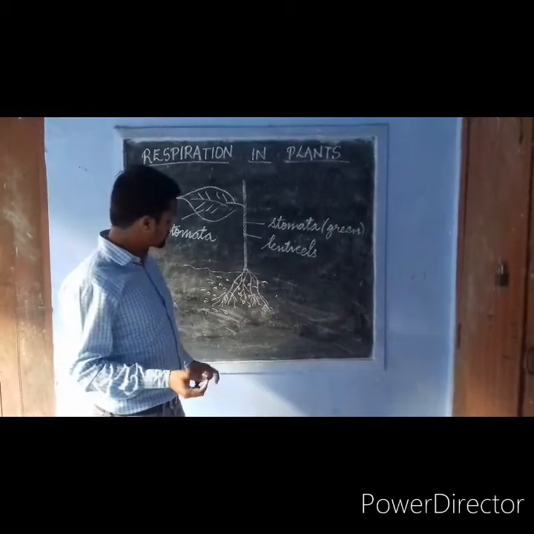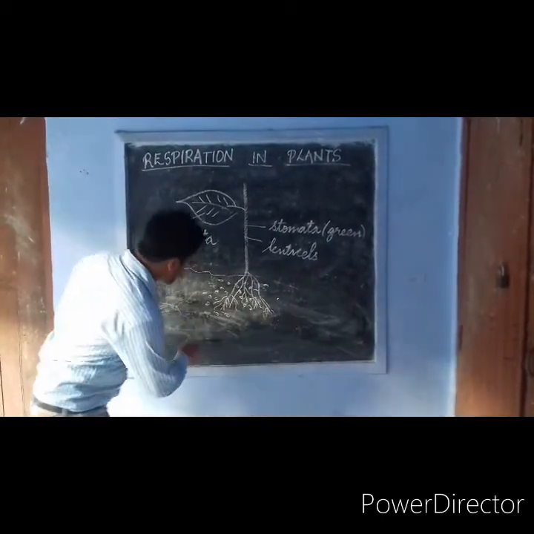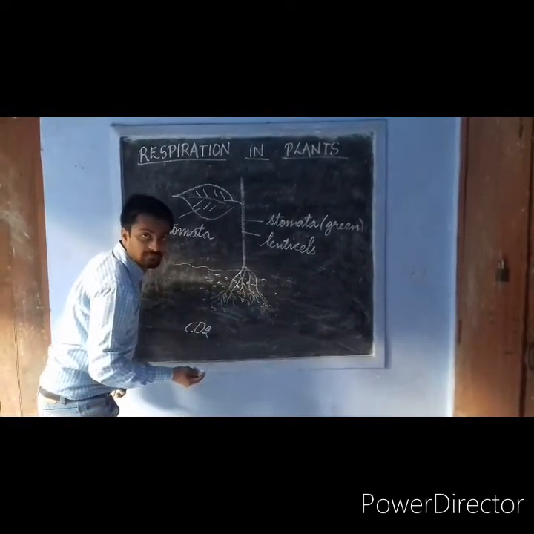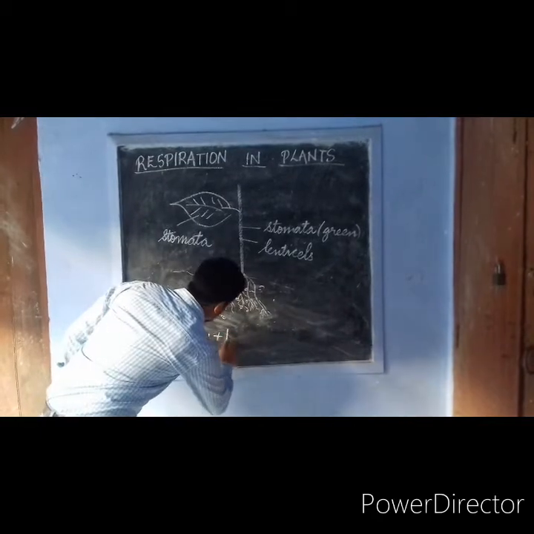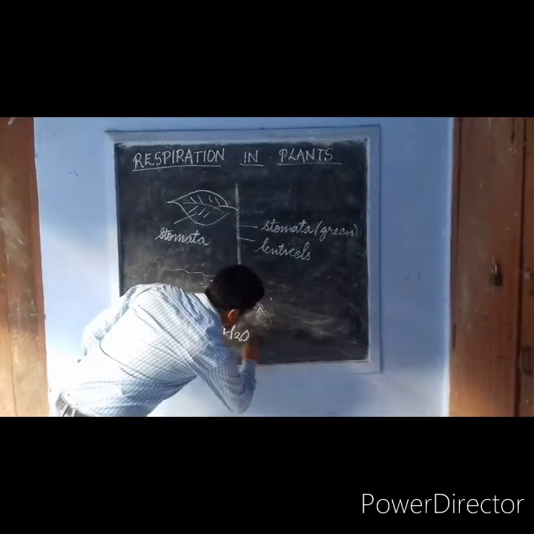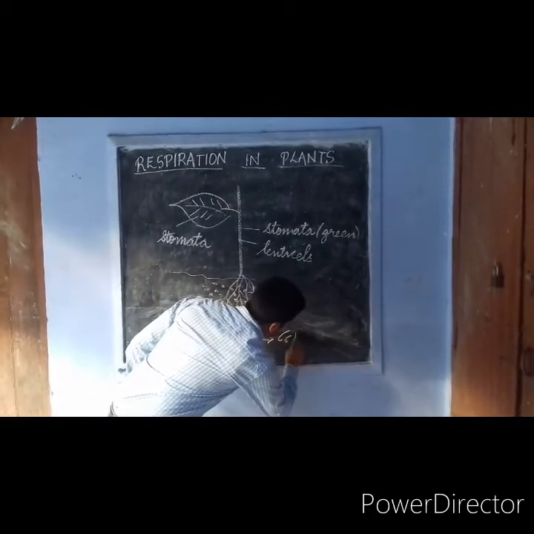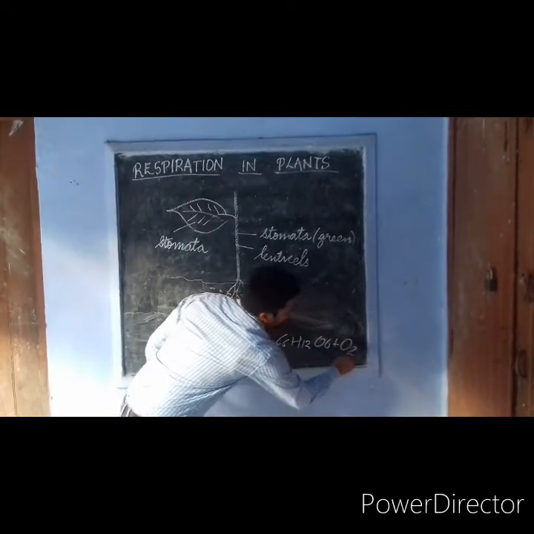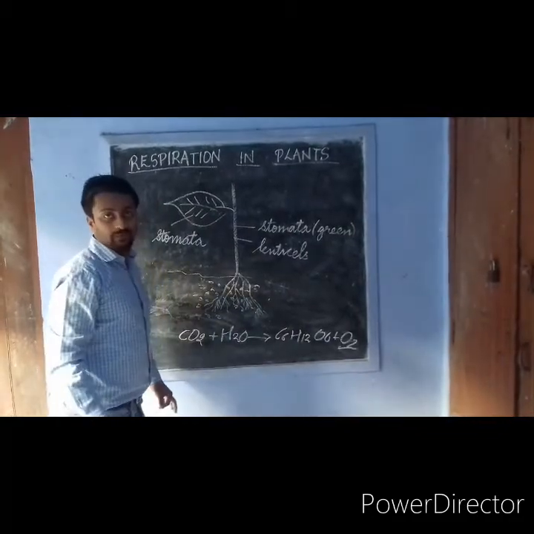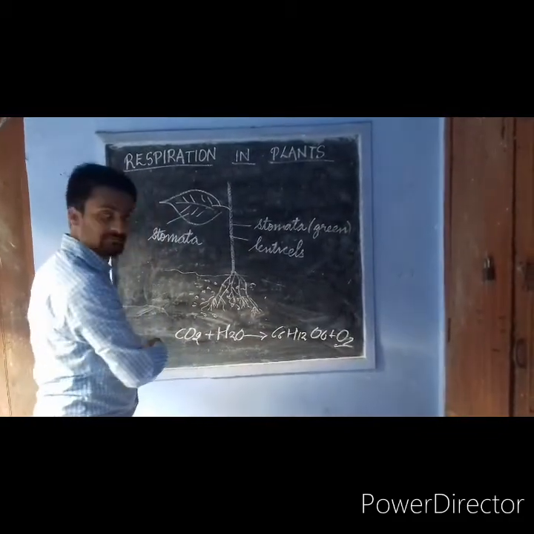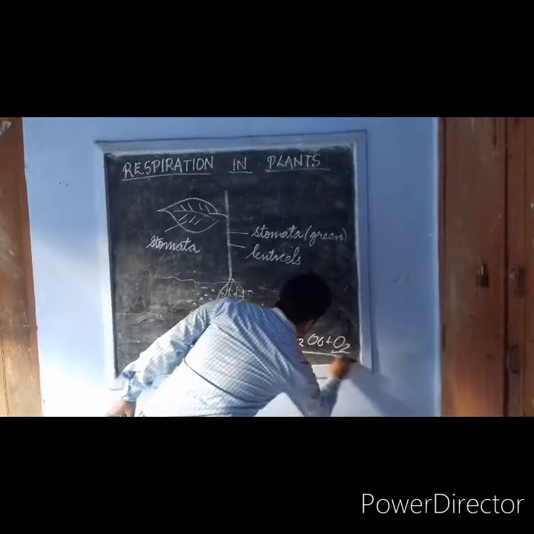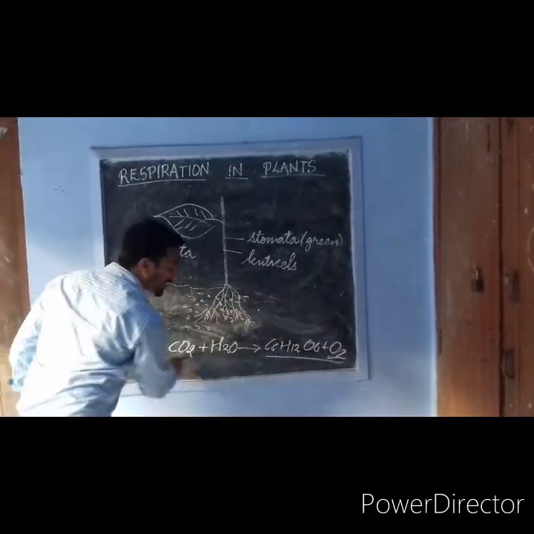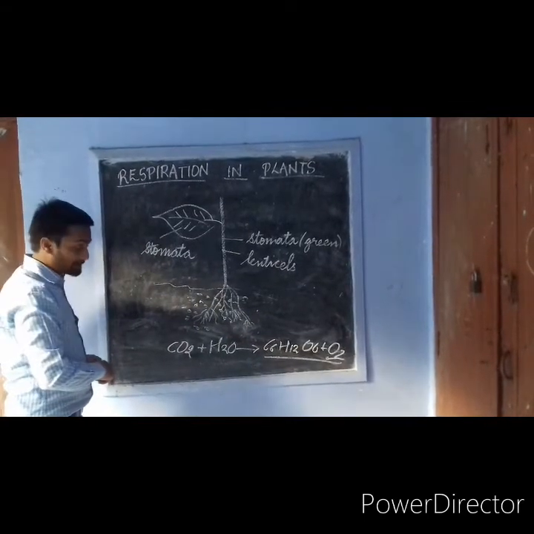We all know what the photosynthesis process is. The formation of food by the plants with the help of sunlight energy is called the photosynthesis process, and oxygen is released in this process. While respiration is just the opposite. See, C6H12O6 plus O2 gets converted into carbon dioxide and water.